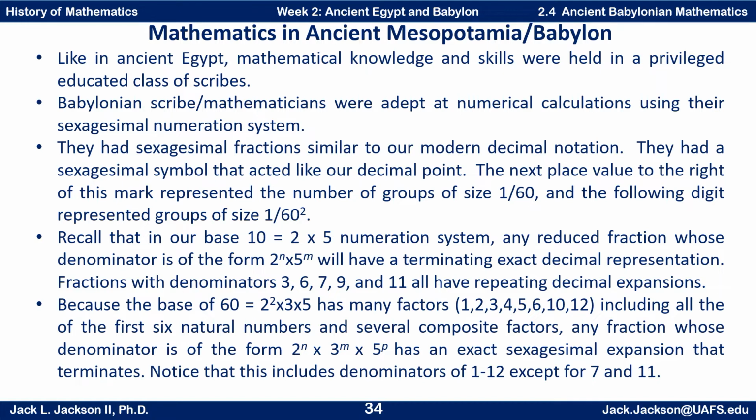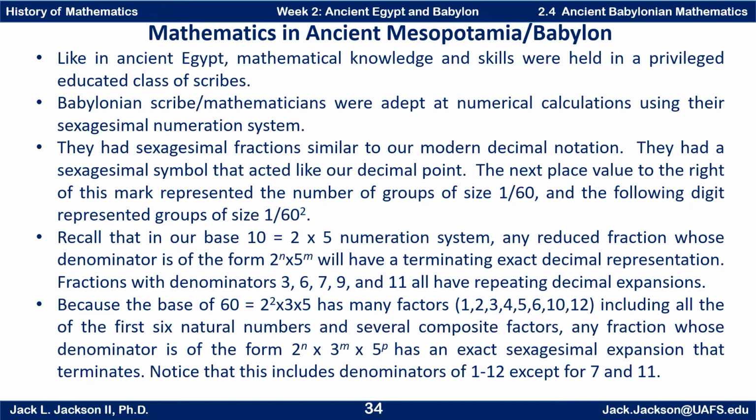It's a sexagesimal system for doing fractions. Kind of like our decimal point, they had something like that. And of course, you know how we have digits in our place value system for ones and tens and hundreds going to the left of the decimal point, and to the right of the decimal point we have places for tenths, hundredths, and thousandths. Well, they did something similar to that for base 60.